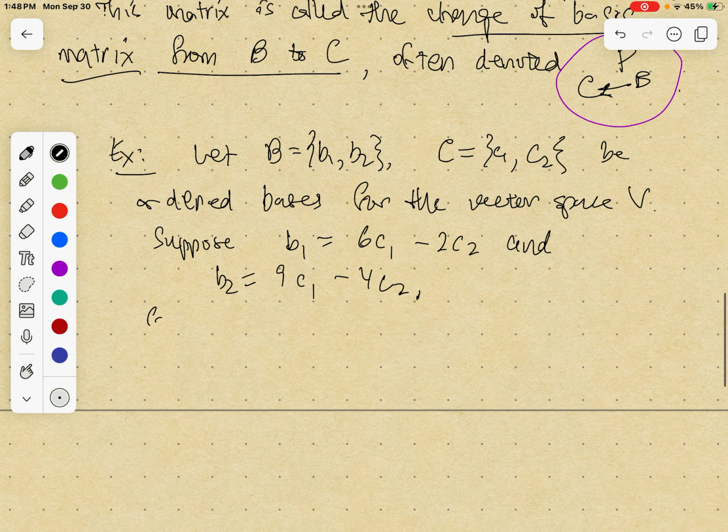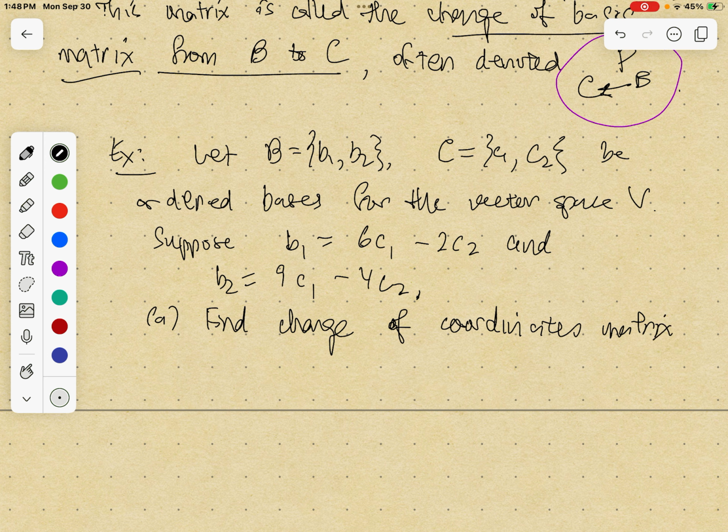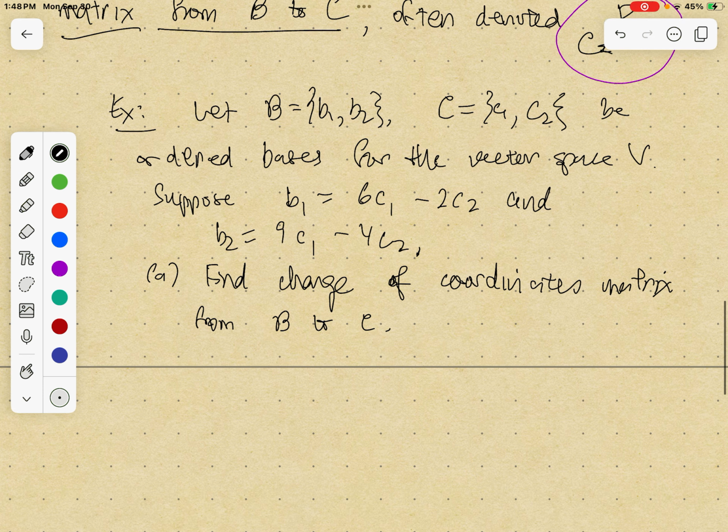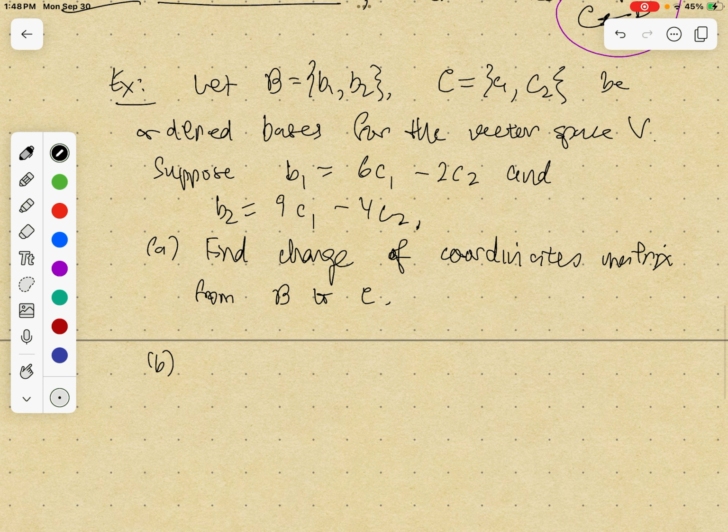Okay. Part A, find the change of coordinates matrix from B to C. And then part B says, find X relative to C for X equals negative 3B1 plus 2B2.